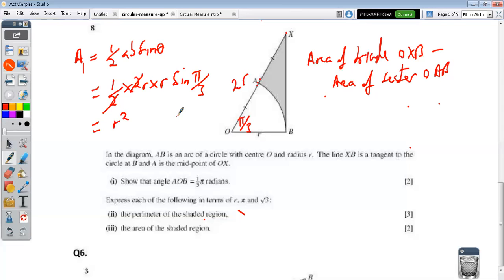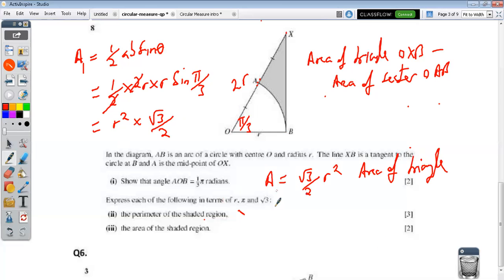That should be root 3 over 2. So multiply by root 3 over 2. So it means the area of that triangle, I can write it as root 3 over 2 r squared, is the area of triangle in question.